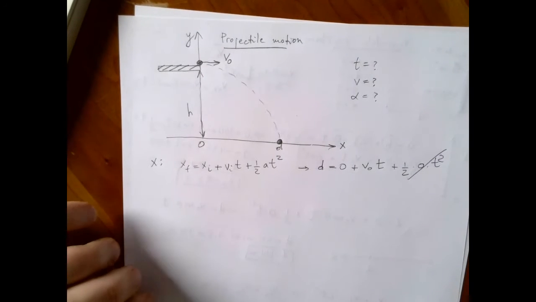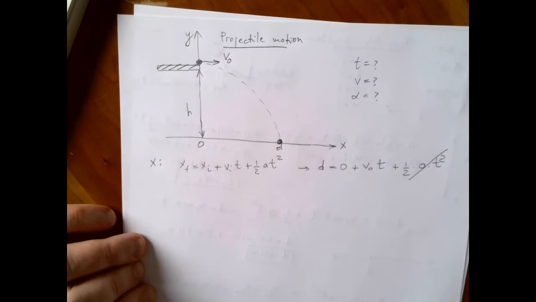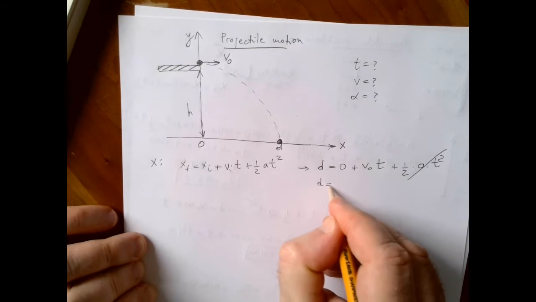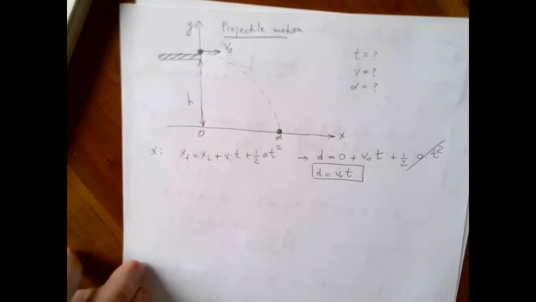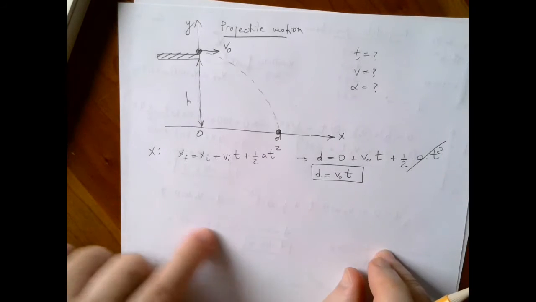There is no acceleration along the x-axis. So d is equal to v naught t. That is one important equation.